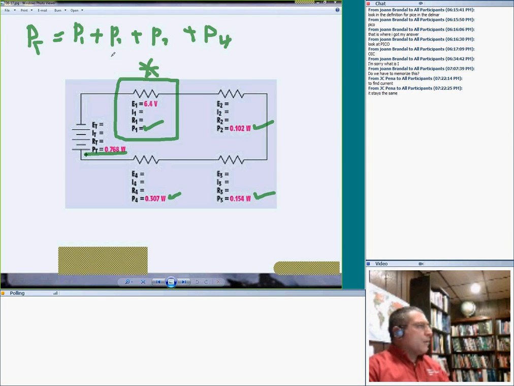Then I'm going to put all these powers in. You start by putting here 0.768, and this will be 6.4. I have no idea what P2 is, so keep P2 as is.